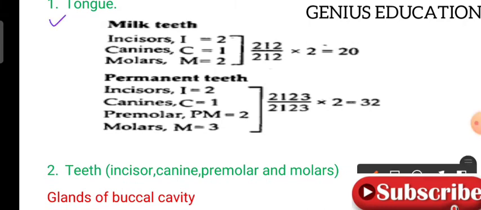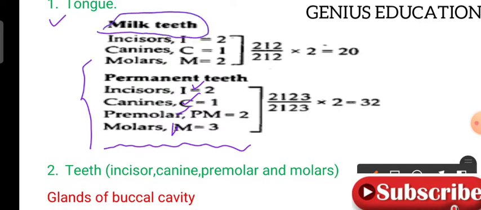Let's talk about teeth. There are 4 different types of teeth we will find inside our mouth. The first one is incisor, then canine, premolars, and molars. But during the milk period there are 3 types of teeth: incisor, canines, molar. Premolar teeth are absent. Incisor, that is one in the upper side, one in the lower side, that's why it's number 2.